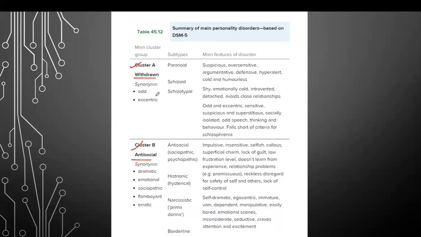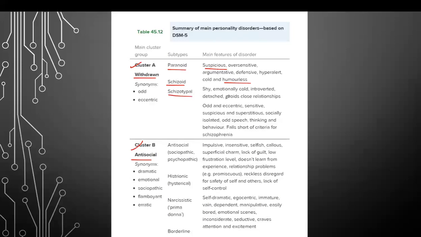For cluster A, the withdrawn personality, we have paranoid personality disorder, schizoid personality disorder, and schizotypal. Paranoid personality disorder patients are suspicious of everything. Whereas schizoid personality disorder patients are cold and humorless.